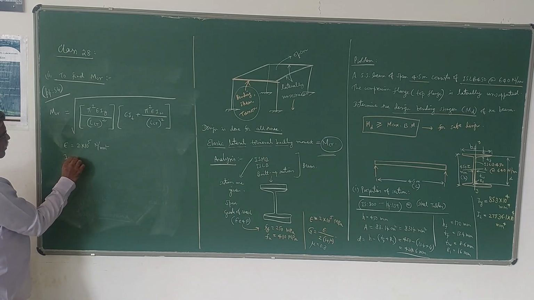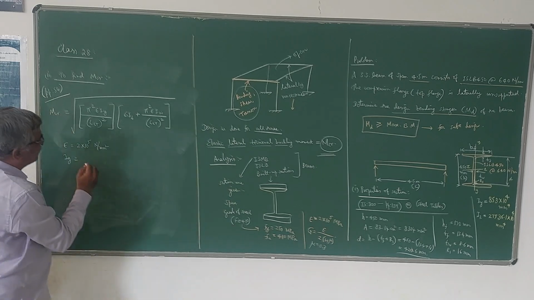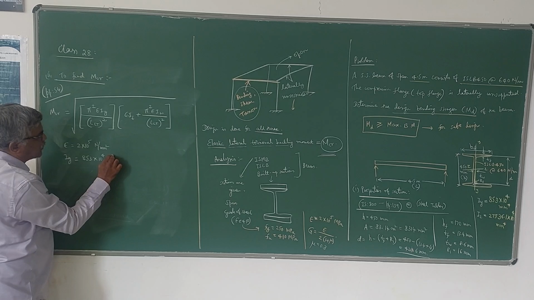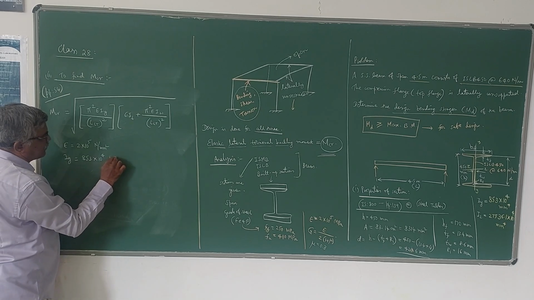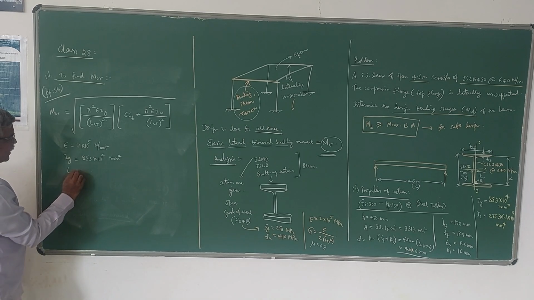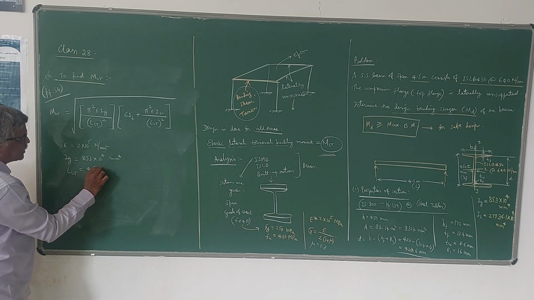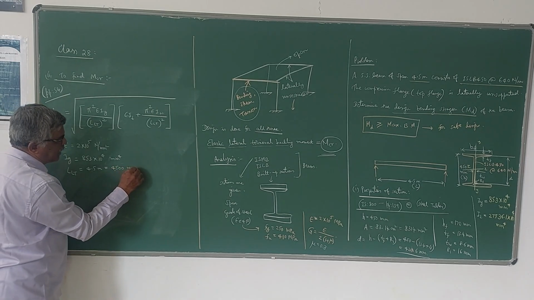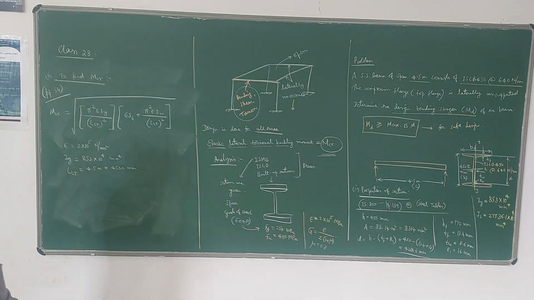IY is 853 into 10 power 4. Be careful, every value should be in newtons and millimeters units. Next I need LLT. LLT is 4.5 meters, that is the span, which is 4500 mm. Convert to millimeters.